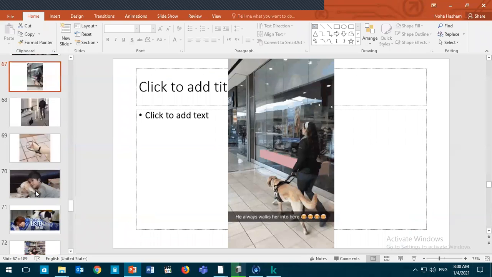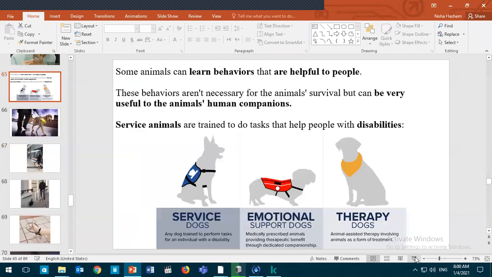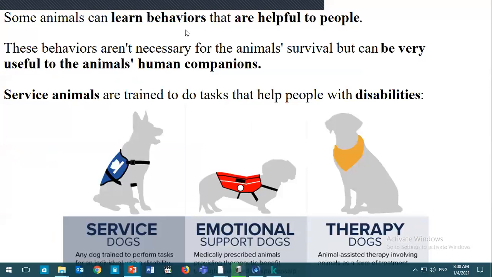service animals, if you guys remember. Some animals can learn behaviors that are helpful to people. It's not necessary for them to survive. These are behaviors these animals learn that are not going to be useful for them.